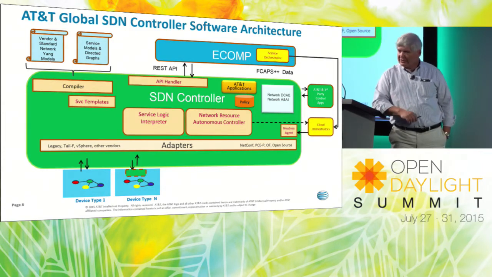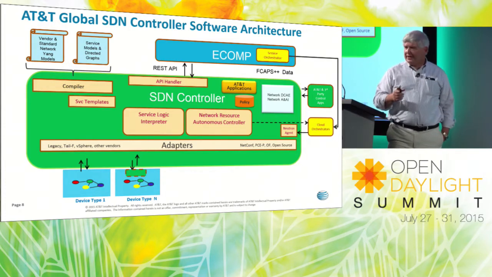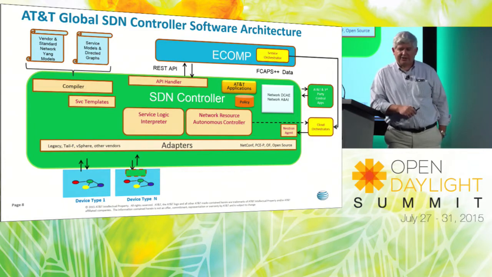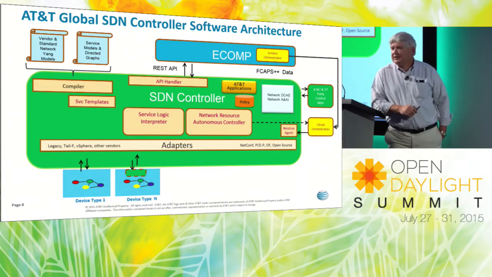That network resource controller piece on the right-hand side is that closed loop control. And everything we're doing in eComp, and you probably picked this up from Al's talk yesterday, is how do we drive OpEx out of the business to get to lower cost points.